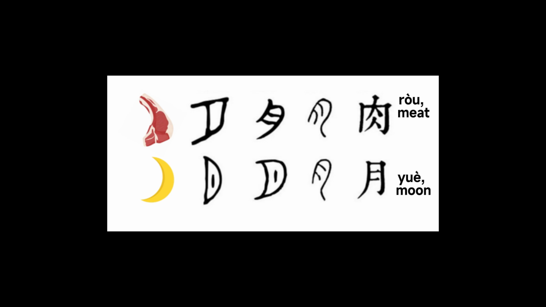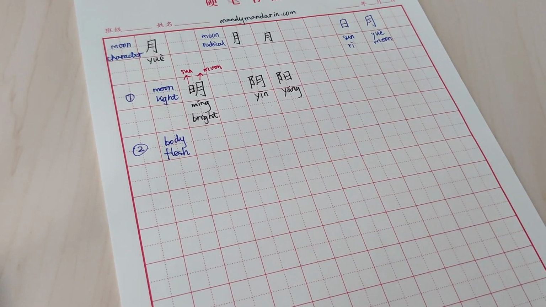See, during the evolution, the character 月 and 肉, they are kind of getting similar. And somehow, at some point, my ancestor decided to make the 月 to serve as the moon radical and meat radical at the same time. Okay, so nowadays we have a lot of body words have the moon radical.